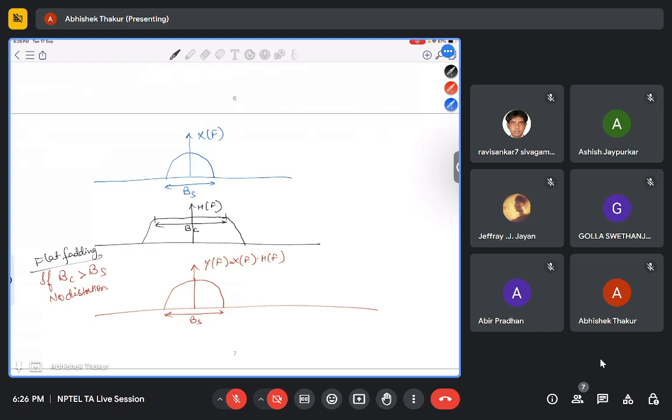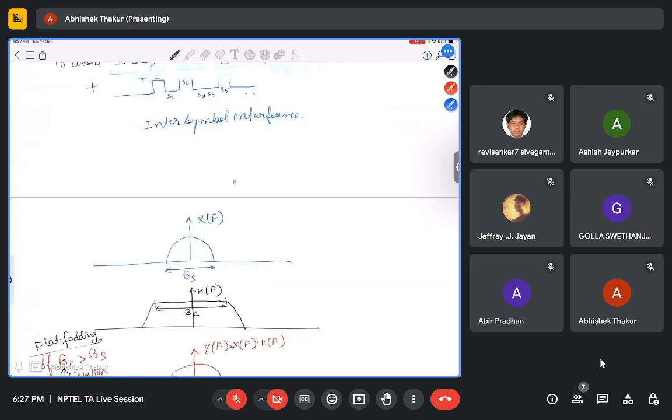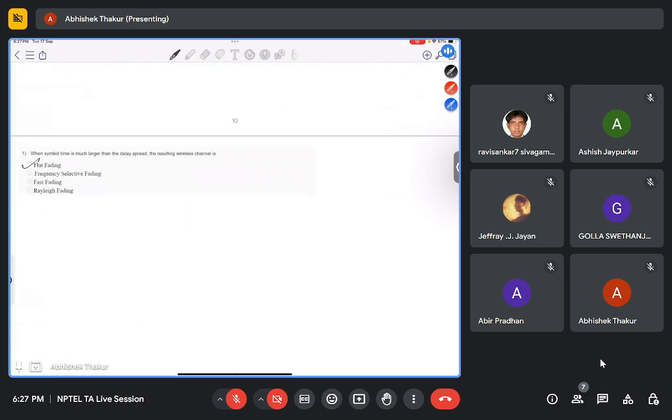If the coherence bandwidth, and this Bc is known as the coherence bandwidth, is greater than the symbol bandwidth, then there will be flat fading. So our first question is based on this only. When symbol time is much larger than the delay spread, then the resulting wireless channel is flat fading.